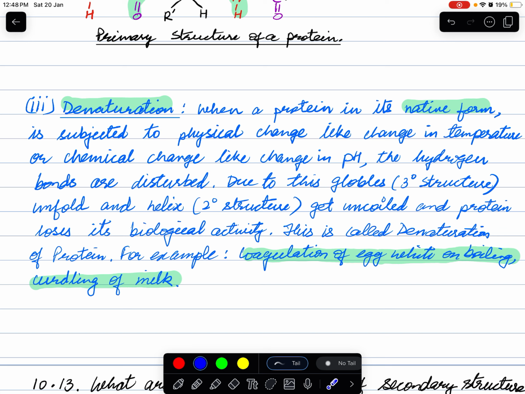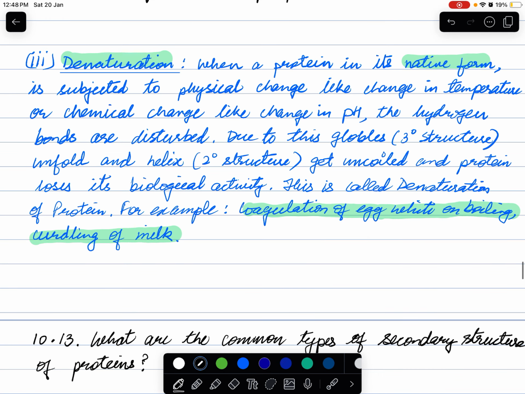And with a diagram, if we want to understand how denaturation takes place, if we take the example of any globular protein, we have such type of globule. So for example, in case of egg white, what happens when we are heating? After heating, we will be getting the strands, or the globule will open up.